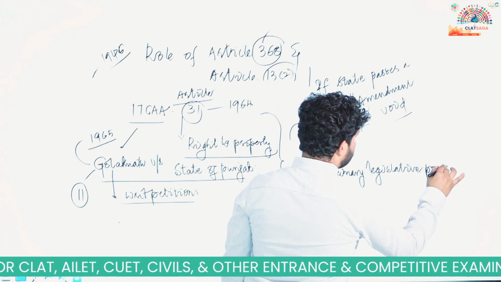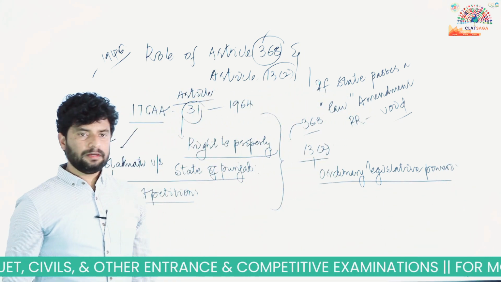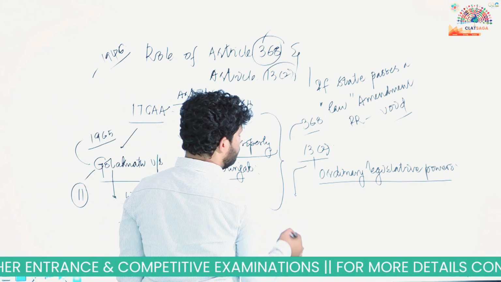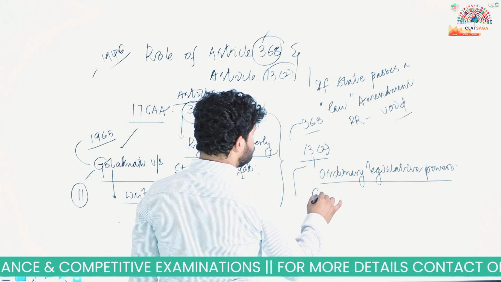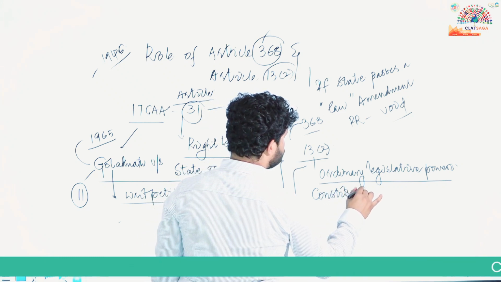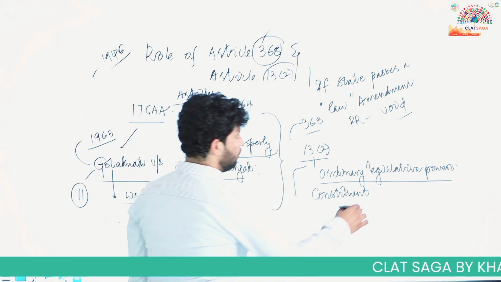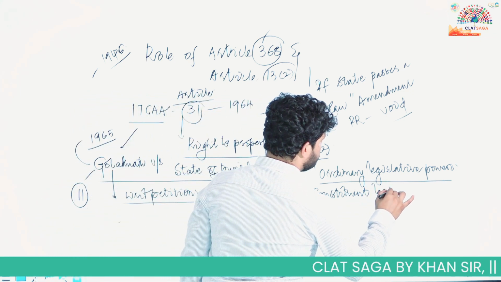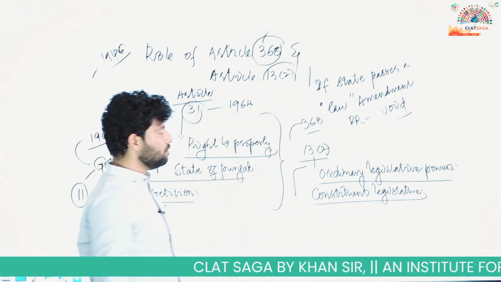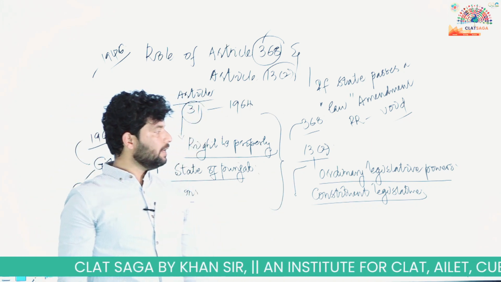As far as the Constitution of India is concerned, the Parliament has only ordinary legislative powers, whereas it does not have constituent legislative powers. You need to understand that Parliament does not have constituent powers; it only has the authority to exercise ordinary legislative powers.